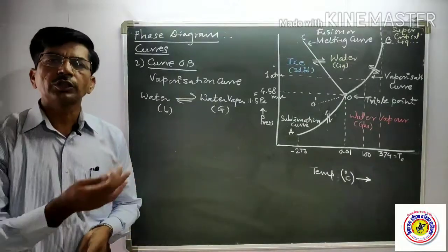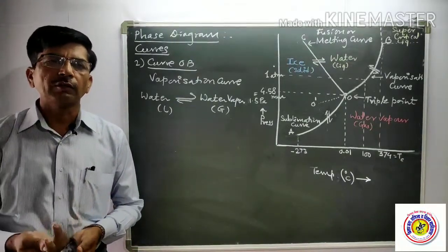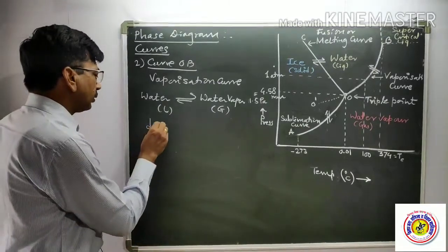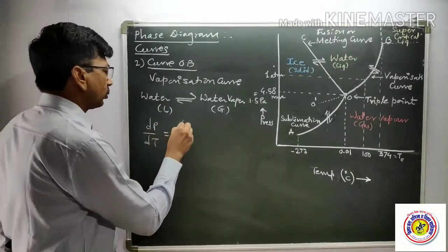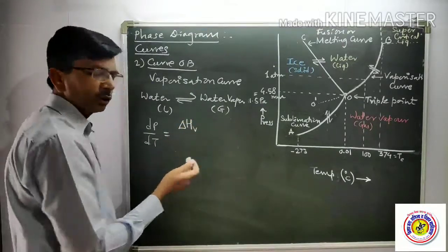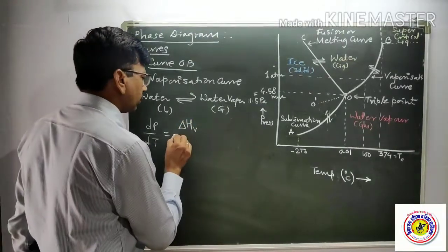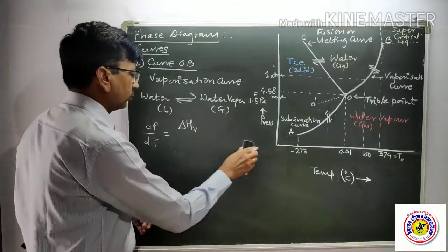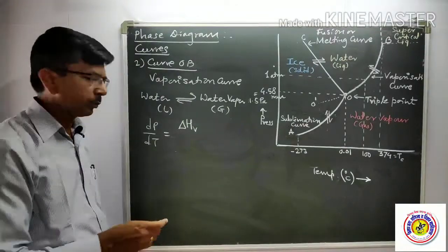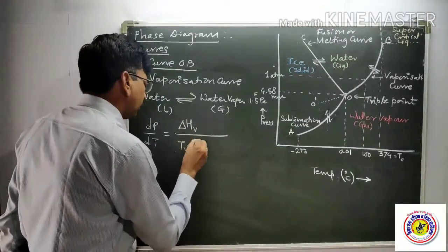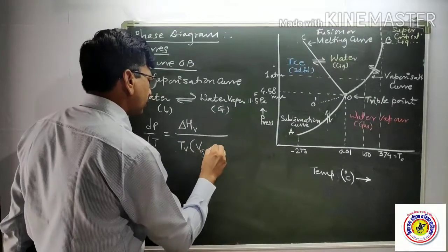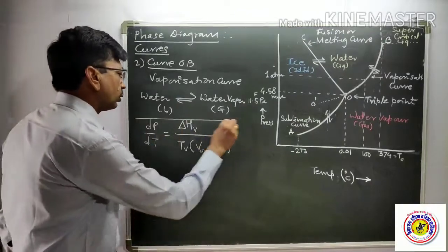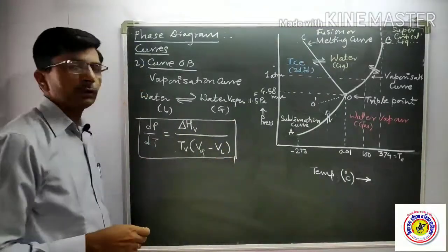The coexistence of this equilibrium is again given by the Clausius-Clapeyron equation, and that equation is dP by dT is equal to delta H, the change in enthalpy of vaporization, upon temperature of vaporization, into the volume of the gaseous state minus the volume of the liquid state. This is the thermodynamic relationship between these two states.